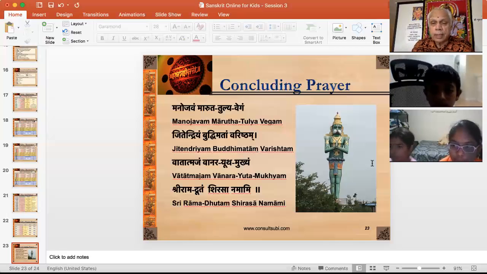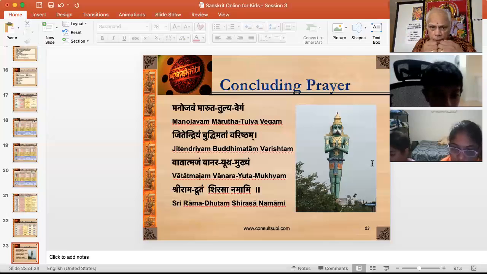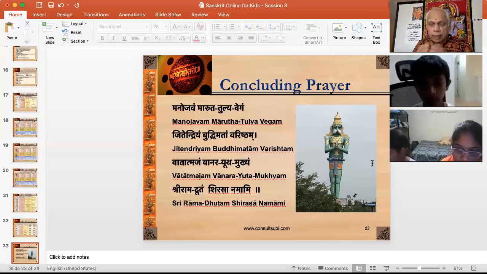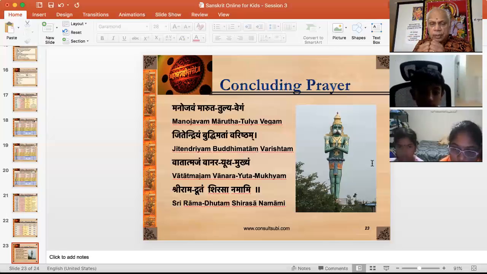You can see how Hanuman is keeping his hands like this. So you have many prayers with so many words all put together. And you can see the Sandhi which I explained last time. Jitta Indriyam, joined together. Buddhi Madam, together. Vata and Ajam together.